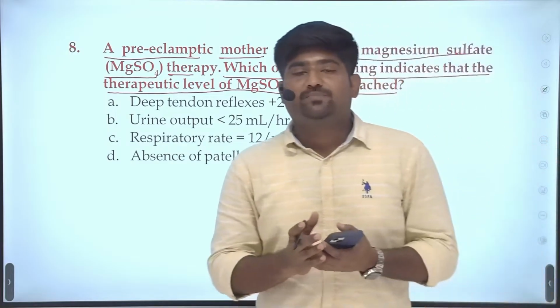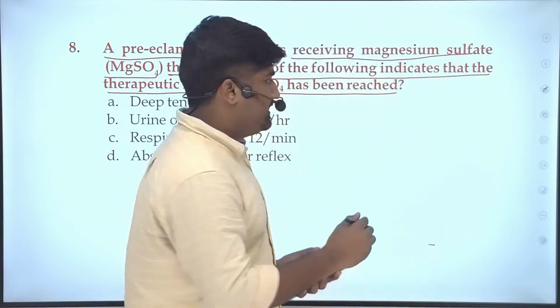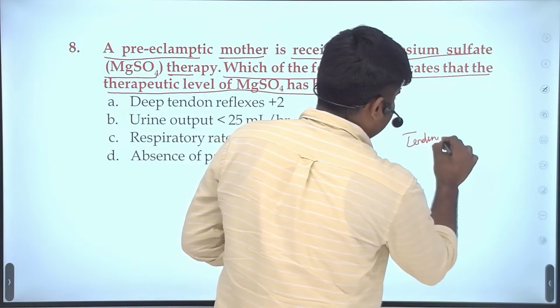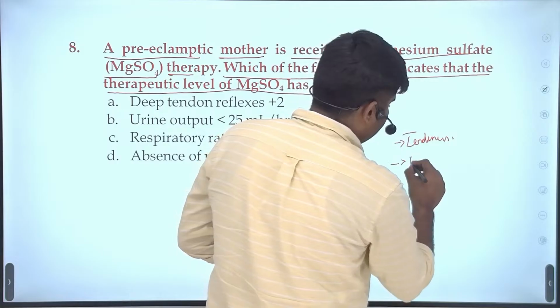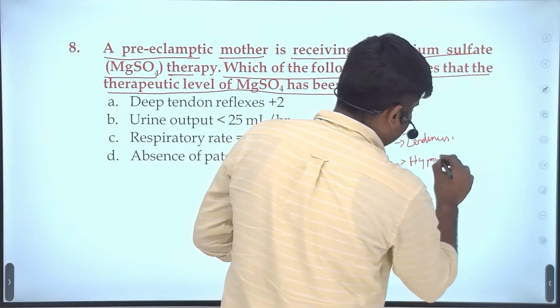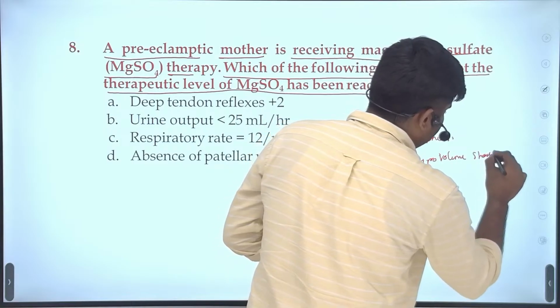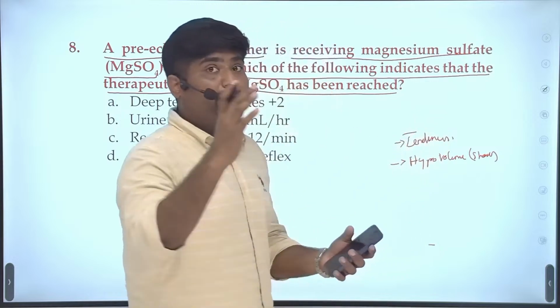In uterine rupture, there will be increased pain, including tenderness, and you can see hypovolemic shock. Hypovolemic shock is profuse compared with abruptio placentae.